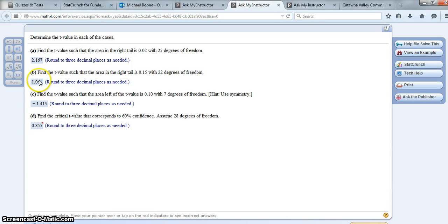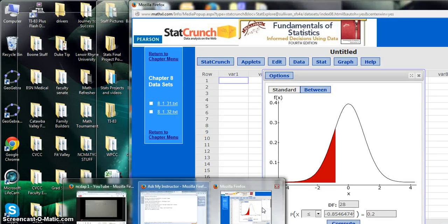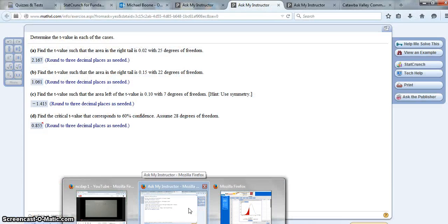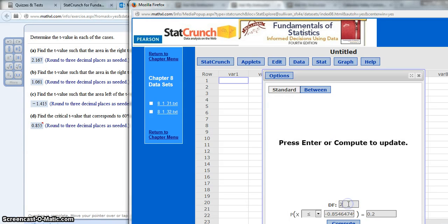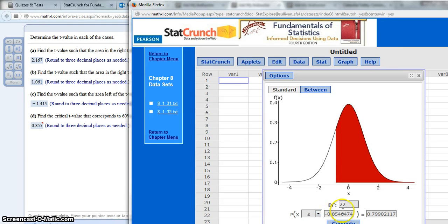Like if we want to look at this one, 22 degrees of freedom, and the right tail is 0.15. So in StatCrunch, we have 22 degrees of freedom, and we wanted the right side of the tail to be 0.15.